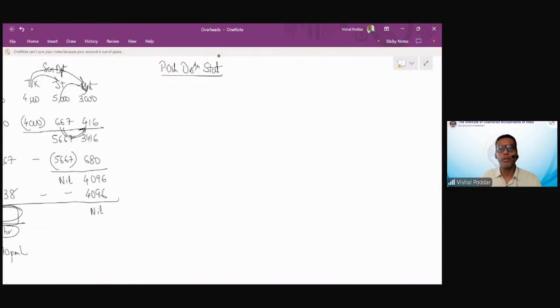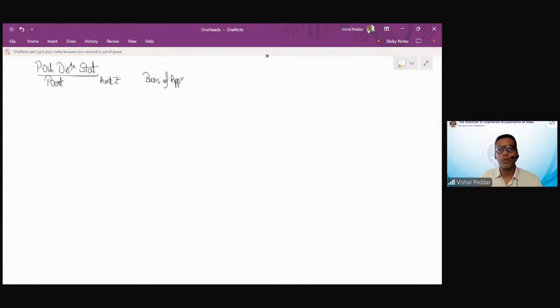You have particulars, amount in rupees, basis of apportionment. You have production department, named PD, and service department, named SD.